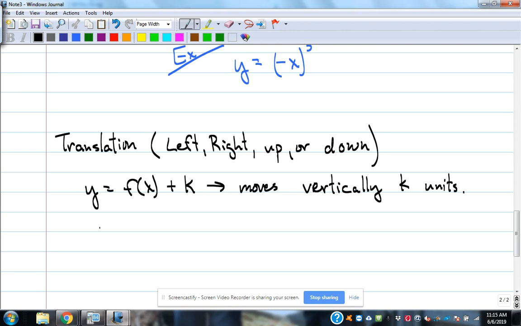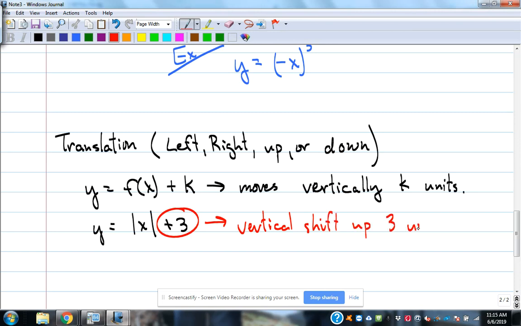For example, if we took the absolute value function and added 3, this plus 3 is a vertical shift up 3 units, because it's a plus 3.